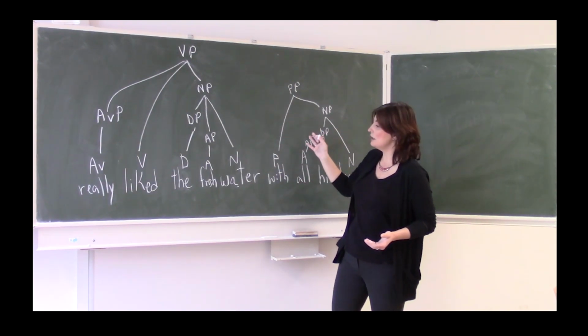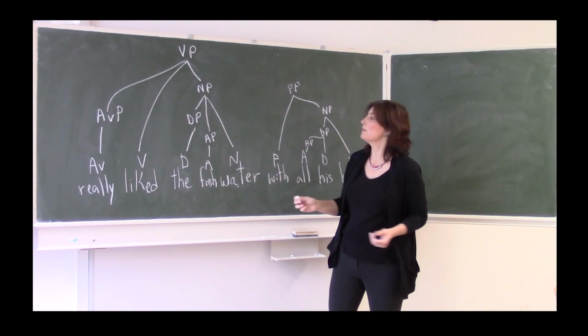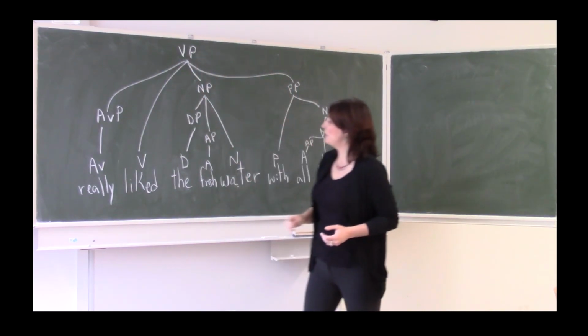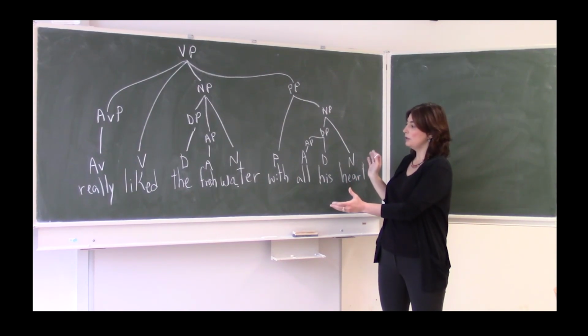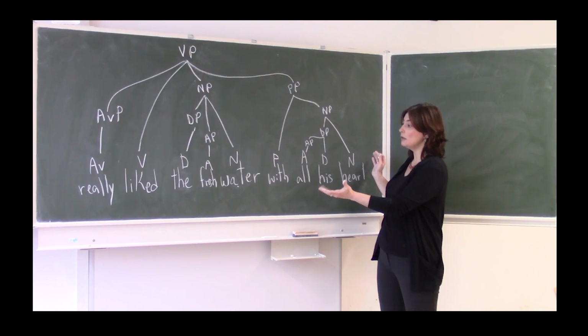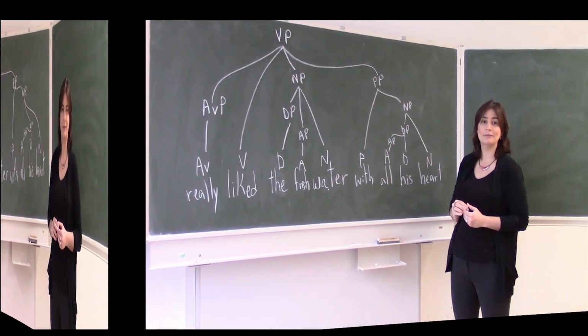So "with all his heart" is a kind of liking, not a kind of water. So then my prepositional phrase is inside of my verb phrase. So it might look like a big tree, but if you take it one little chunk at a time, and then you just add the whole, then you can actually draw a nice tree out of it.